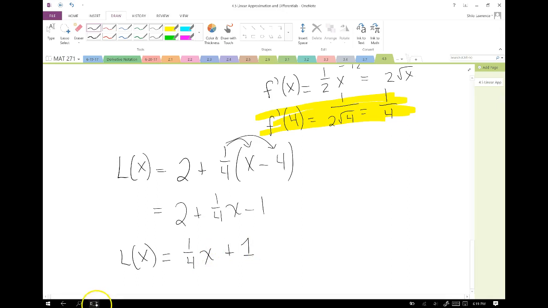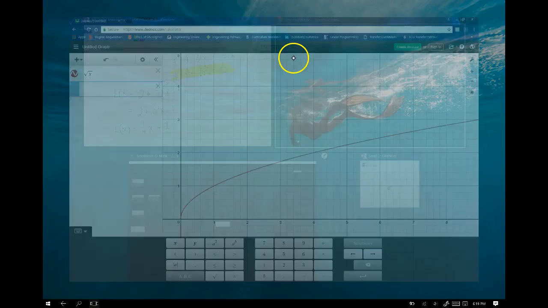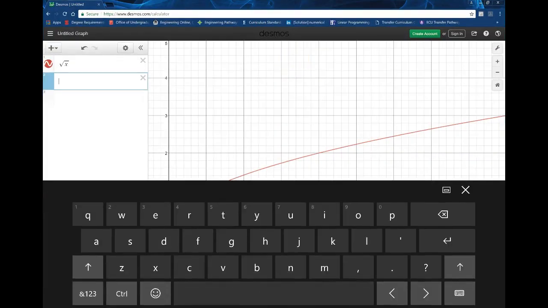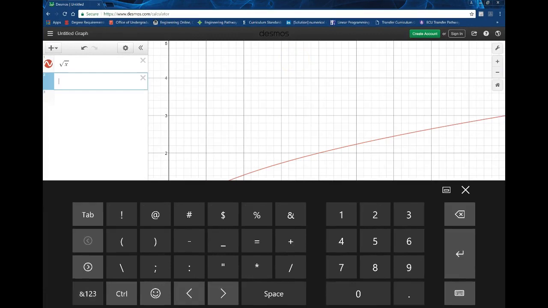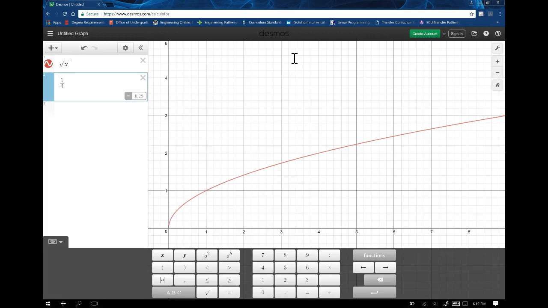And you'll see when we plot this in Desmos next to our function, sorry, plus 1. There we go.